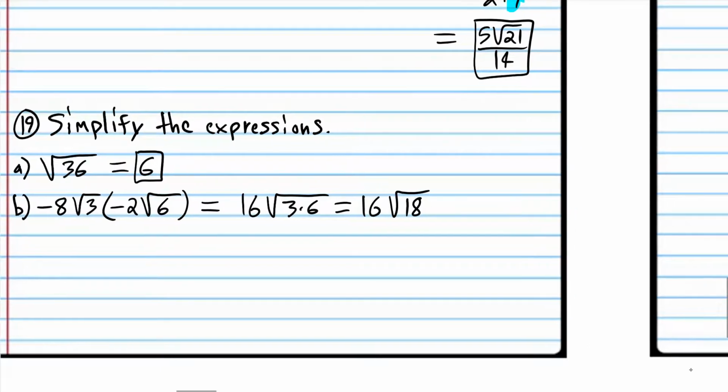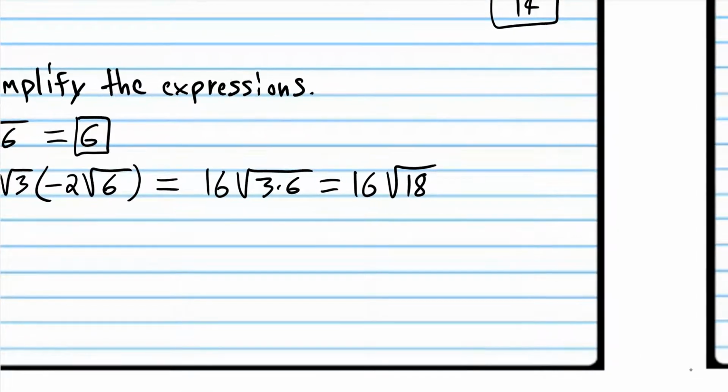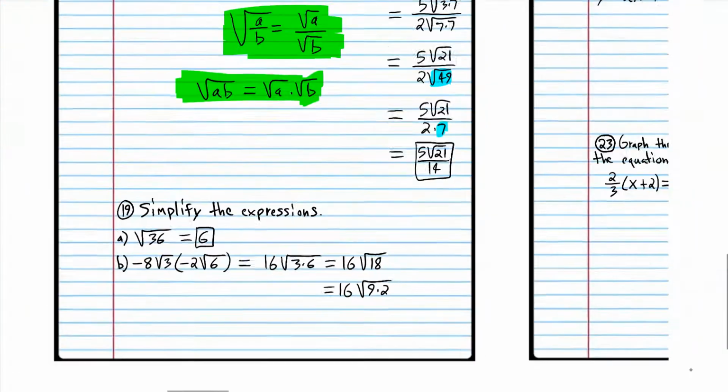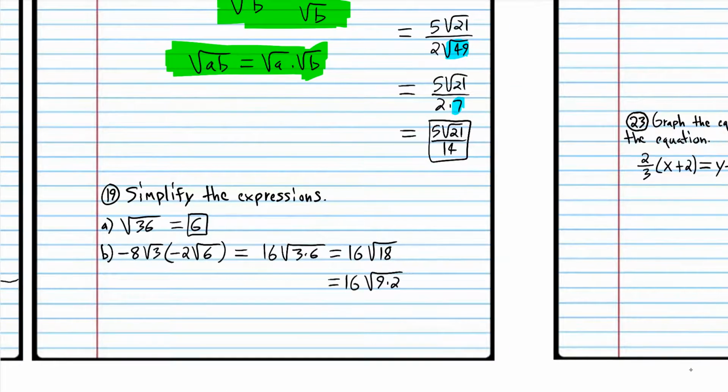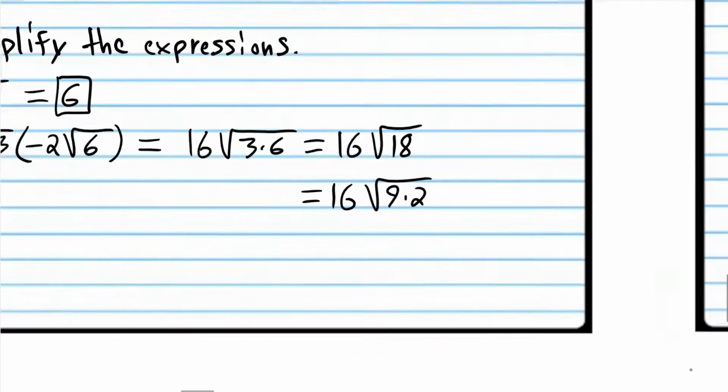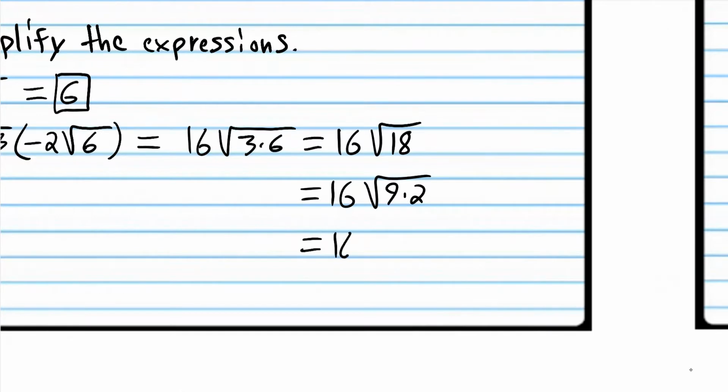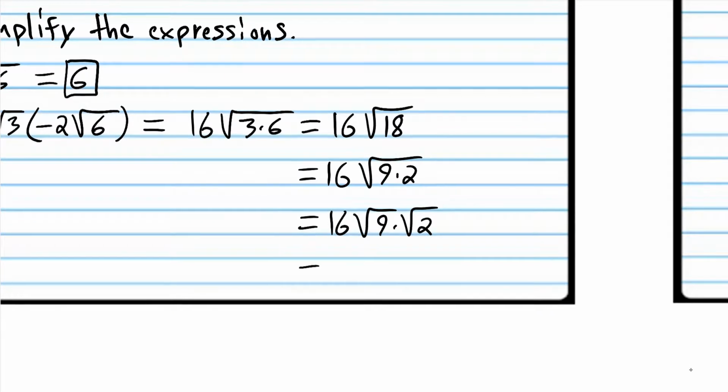Problem is 18 has a perfect square inside it. So we're going to factor that to root 9 times 2. Then we're going to use the principle up here, break those into two roots. So we get 16 times root 9 times root 2. Now why do we do that? Because root 9 is just going to be 3.